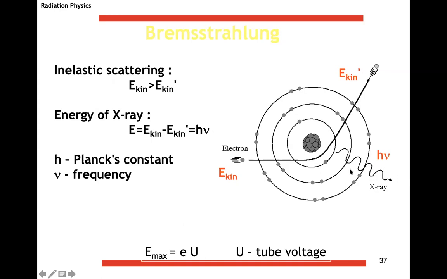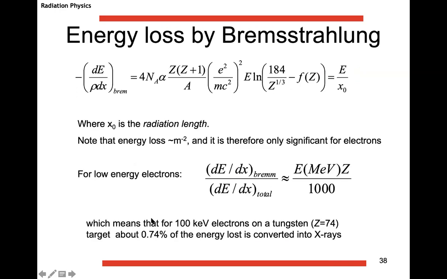So if you have an accelerator with a maximum voltage, let's say U, the maximum energy will be eU. This will be the case when you completely annihilate the charged particle and all the energy is converted into a photon. But otherwise, you will have a spectrum. The energy loss by Bremsstrahlung is given by this formula. This is the energy loss per unit mass thickness.